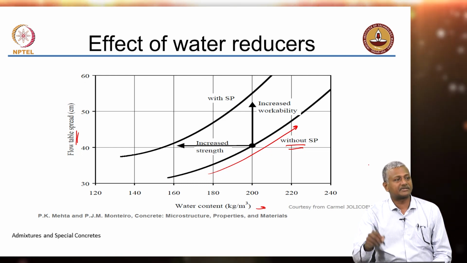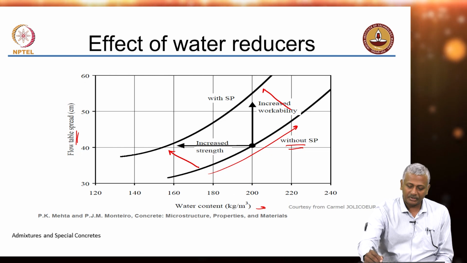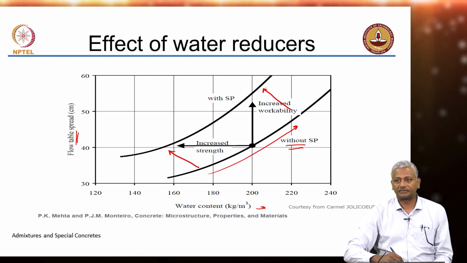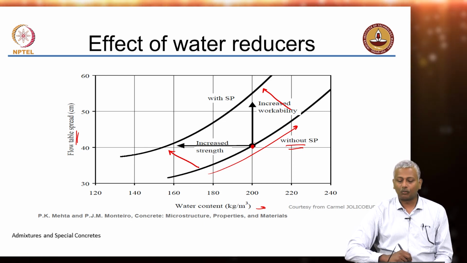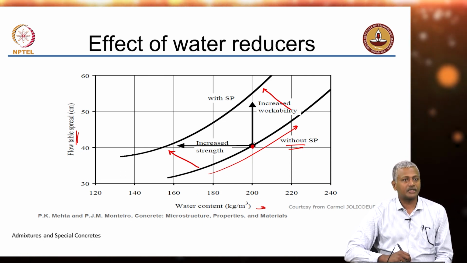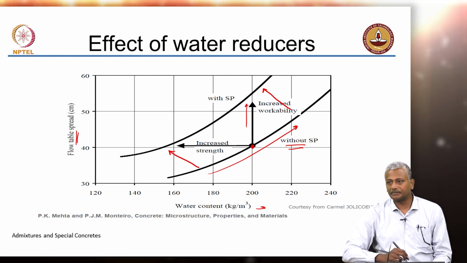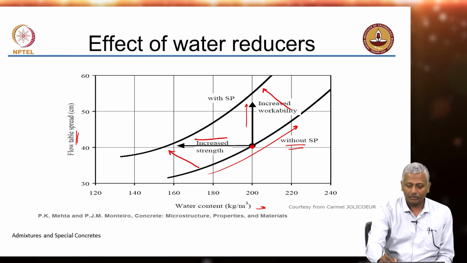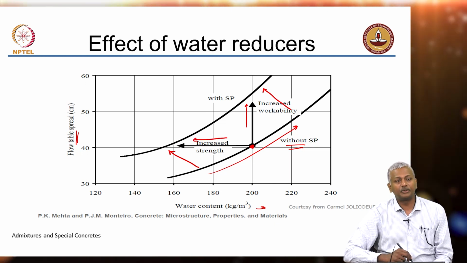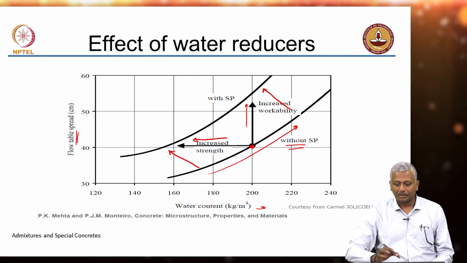If you add superplasticizer to your concrete, you shift this curve towards the left. In other words, if you choose a given water content, the inclusion of superplasticizer leads to increased workability. If you choose the same level of workability, you can reduce your water content to get increased strength and durability. Okay, it's a very simple way of actually looking at the entire thing.